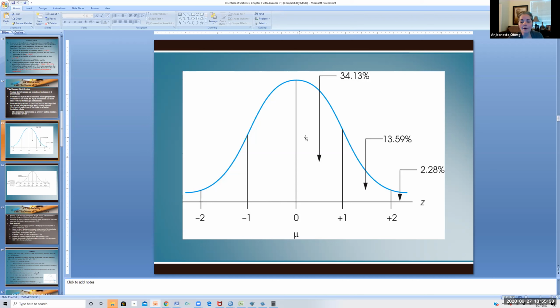Now keep in mind, whatever we see happening on the right side is also happening on the left side. So 34.13% is between the mean and 1 standard deviation above the mean. It's also the same over here below the mean. So 34.13, 13.59, and 2.28. You add them all together, it's 100%. Make sense? Perfect.